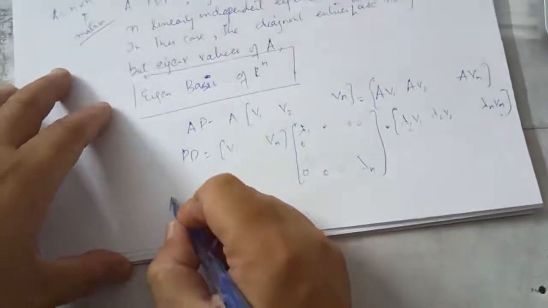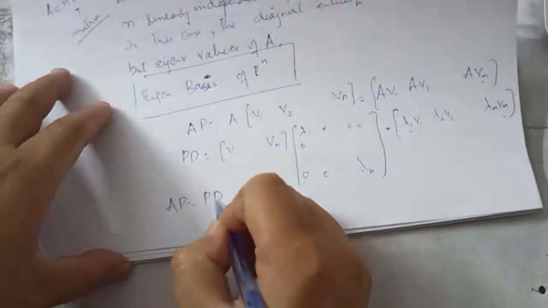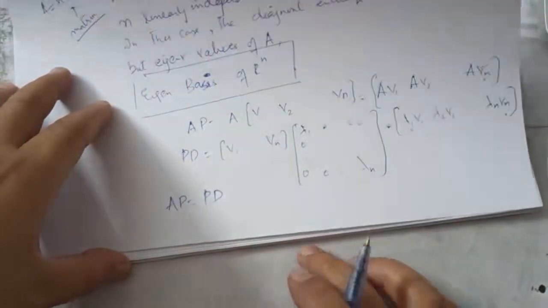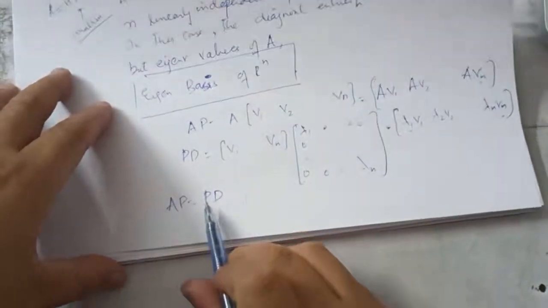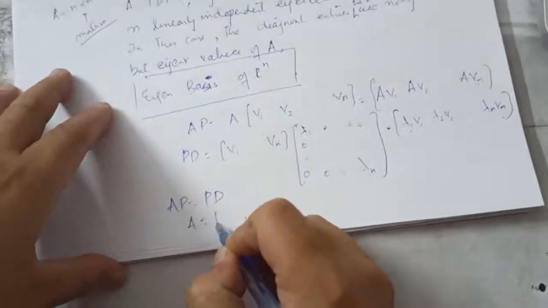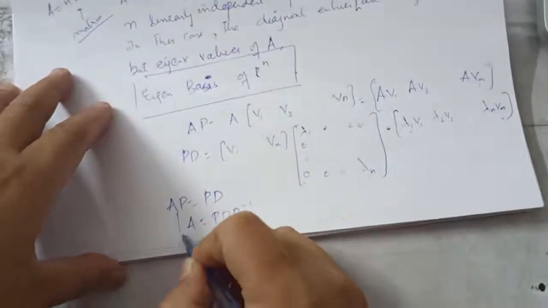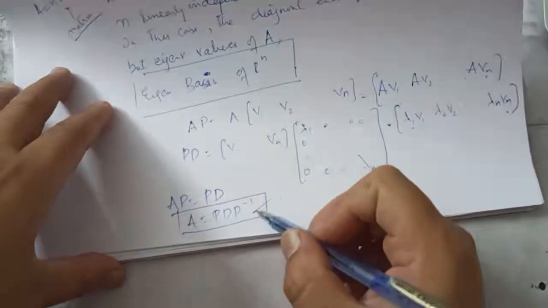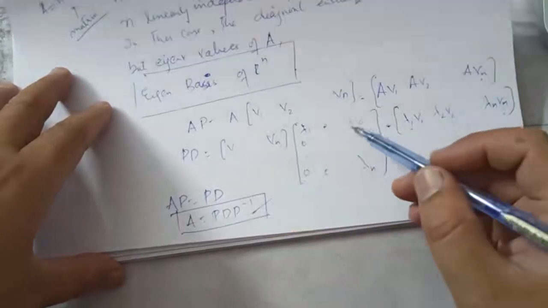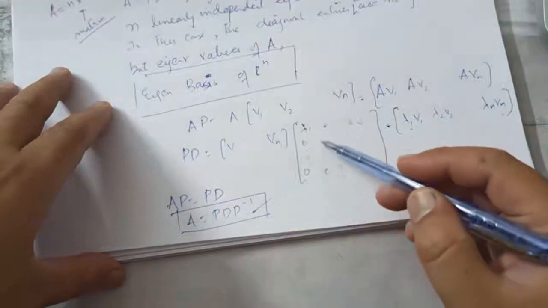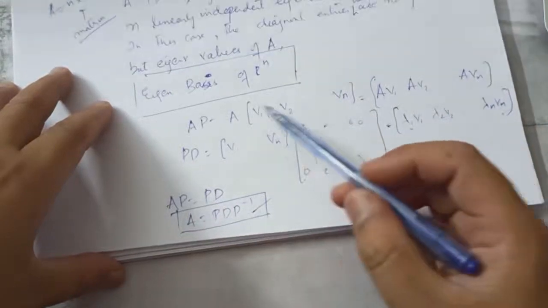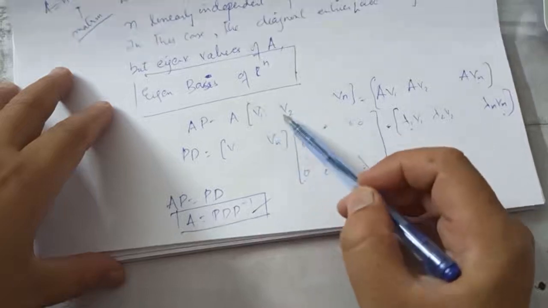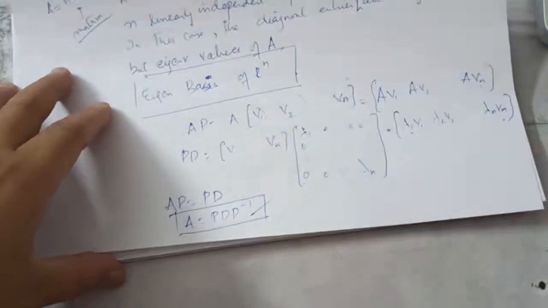It means AP equals PD, right? And of course, if you multiply the inverse from the left-hand side, the answer is A equals P D P inverse. And of course P inverse has to exist, which means there should be n independent eigenvectors of A.